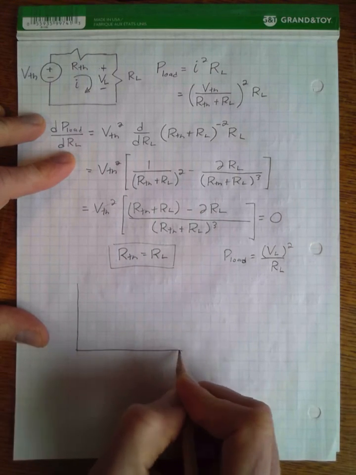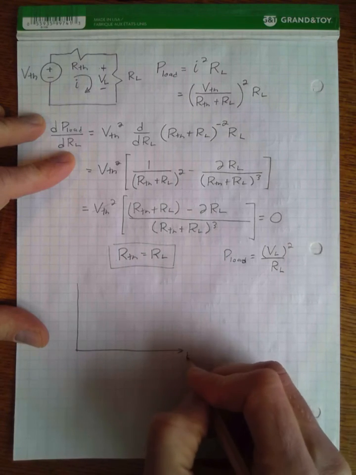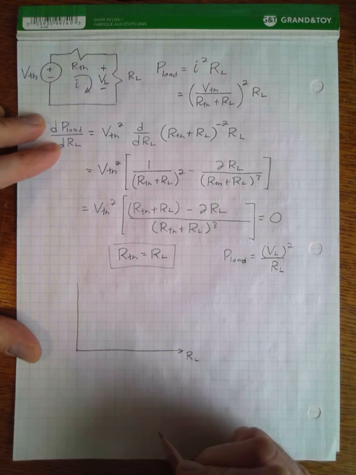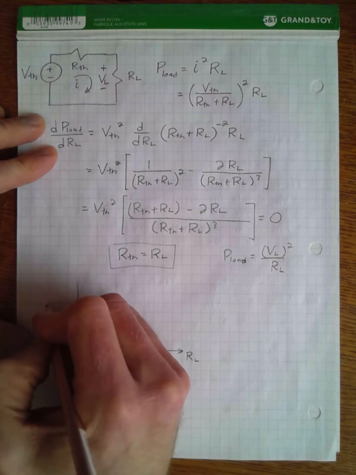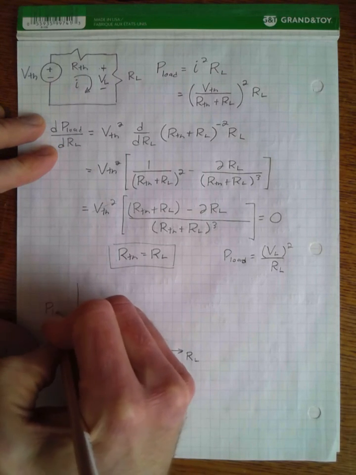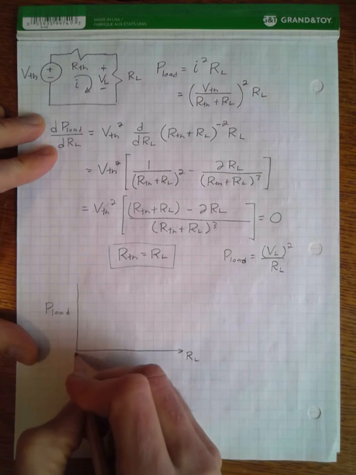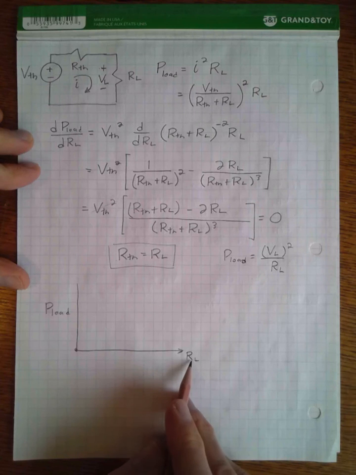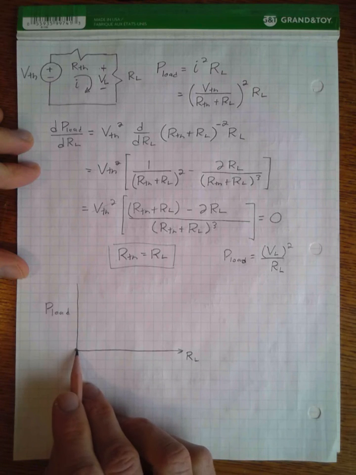And thinking about that voltage equation for power, let's imagine a graph where we have the value of load resistance on the x-axis and P load on the y-axis. So if RL is equal to 0, then there's no voltage drop across our resistance and our power is equal to 0 as well.